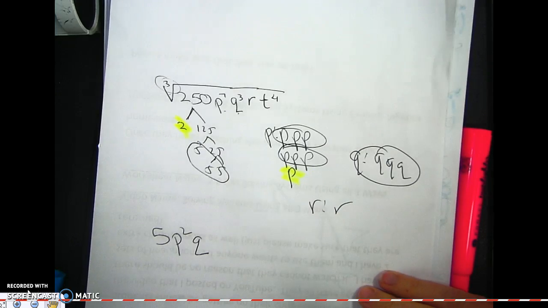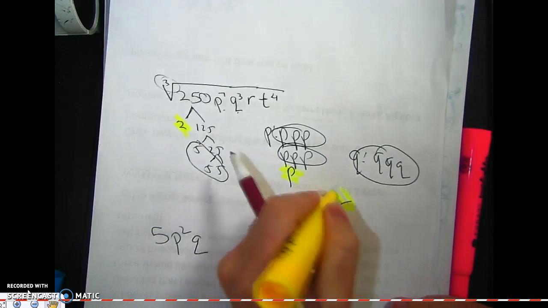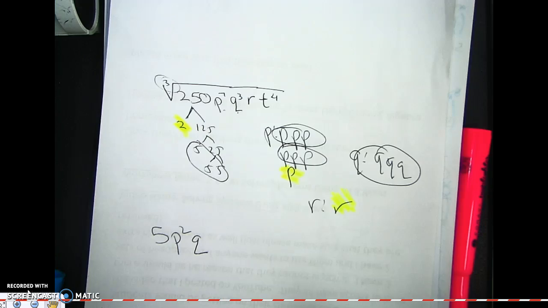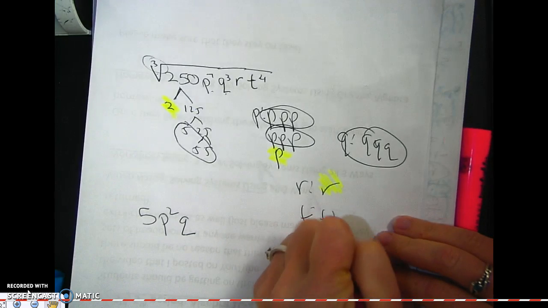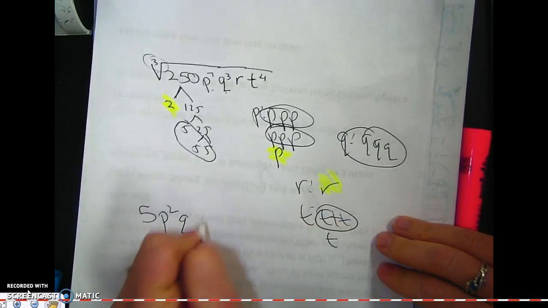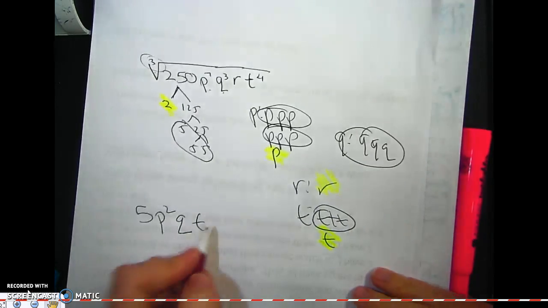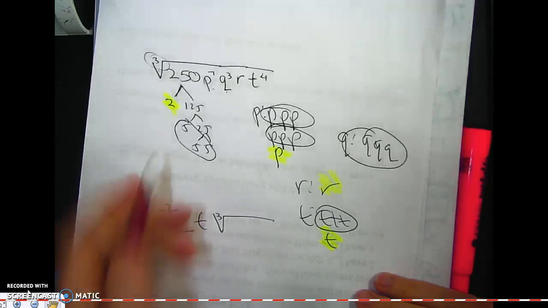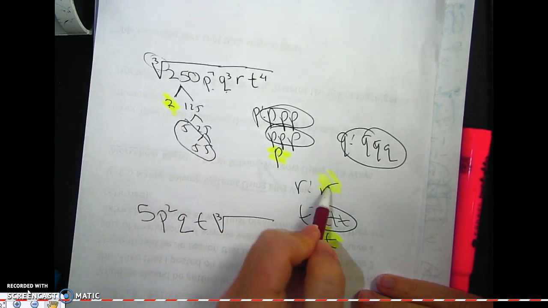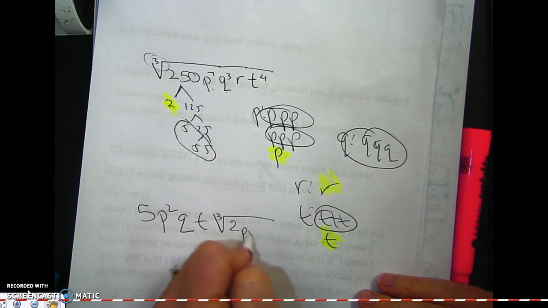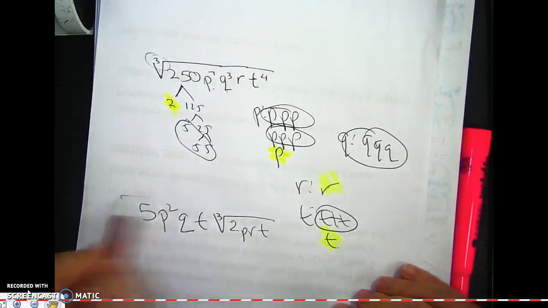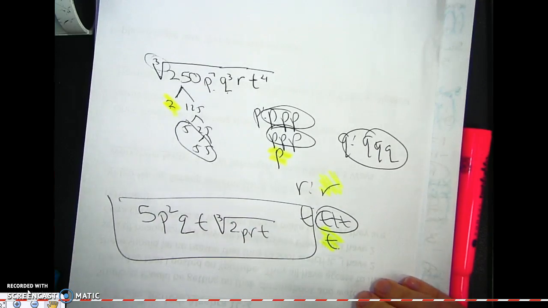Well, there's only one r, so I don't have enough for a pile of 3, so that's what's going to be left over. And then I do the t, 1, 2, 3, 4, 1 pile, 1 left over. And then what I'm going to do now is write the cube root and see what I have left. 2prt. It's an odd root, so I'm done.